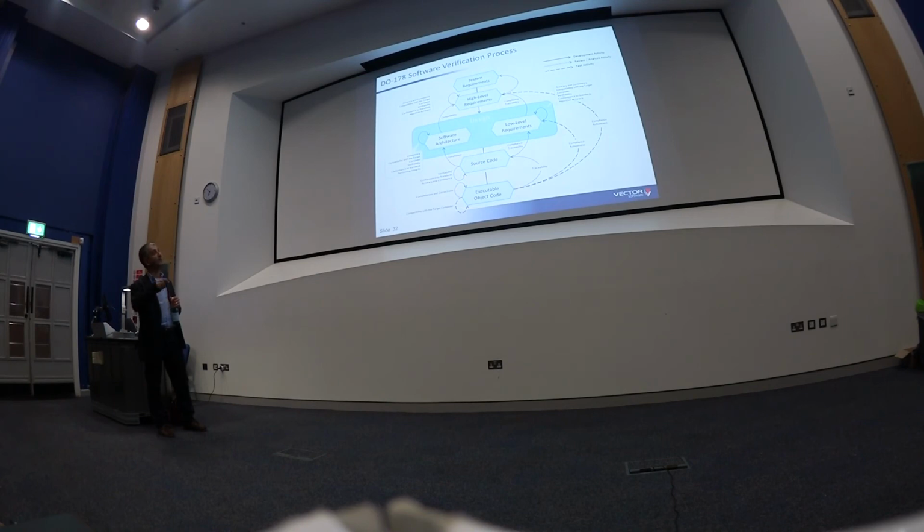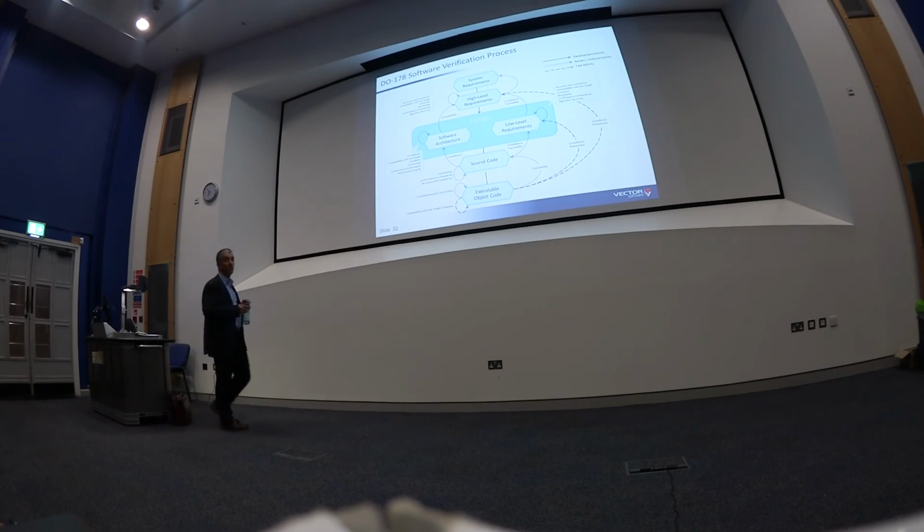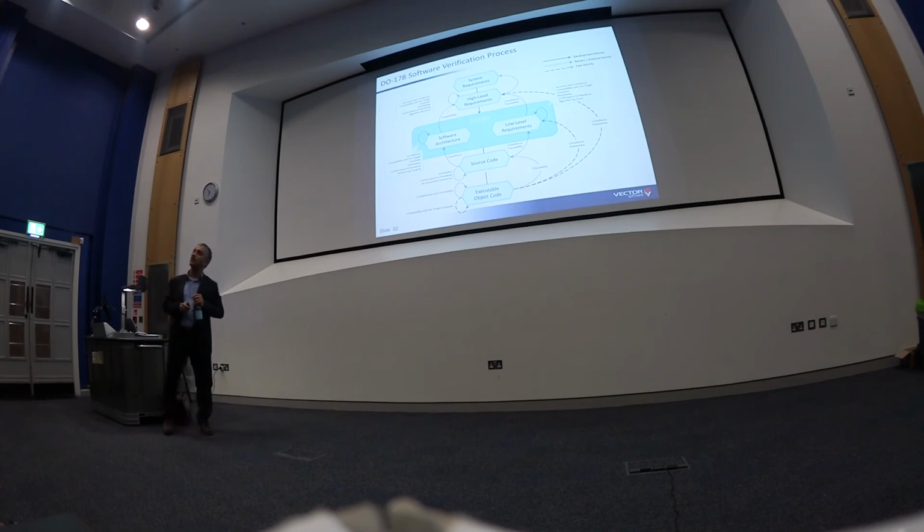If you count the number of arrows and the number of these objectives, it is about, I don't remember exactly, more than 40. More than 40 objectives are related to verification activities. These are all the verification activities. So you verify the same thing multiple times, and everything that is inherited is verified against the parents.